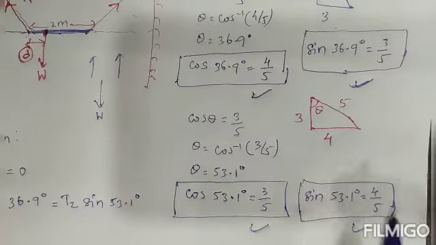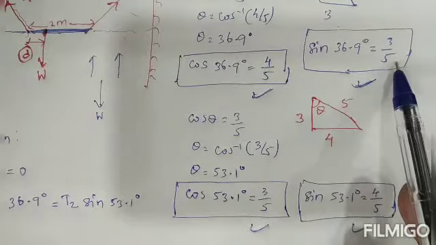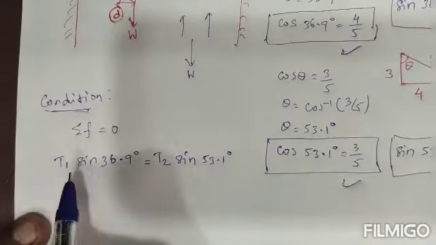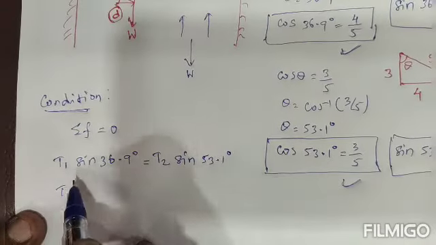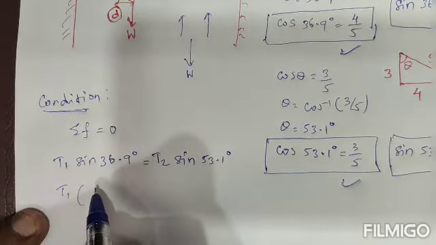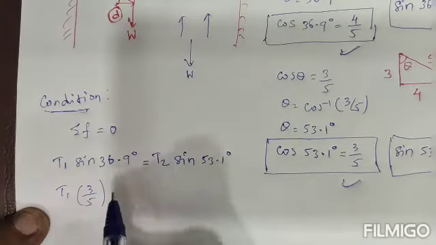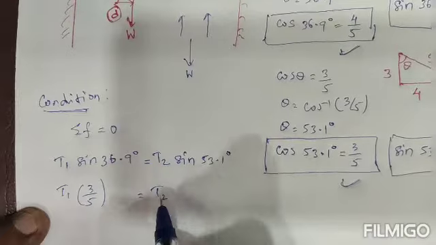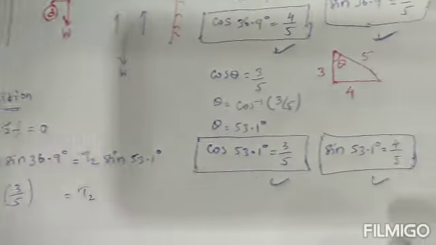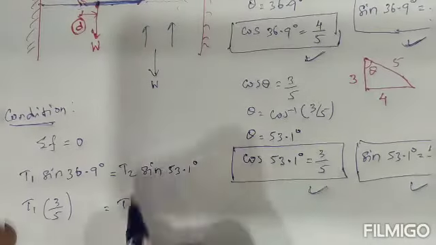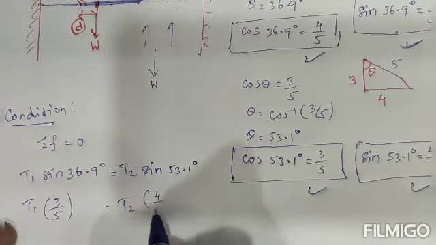Okay students, already we know sin 36.9. What is sin 36.9? Sin 36.9 is 3 by 5. So now I can write here T1 into 3 by 5 equal to T2 into sin 53.1. Sin 53.1, that is 4 by 5.